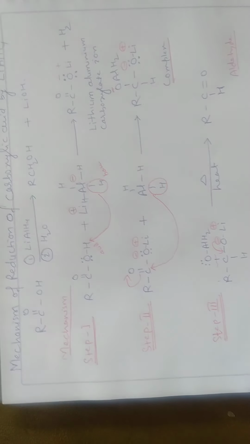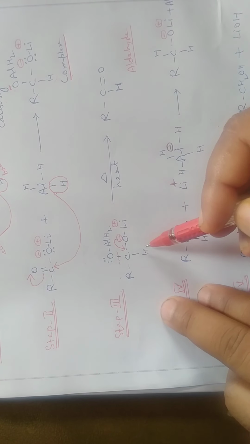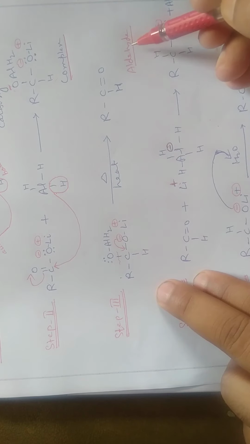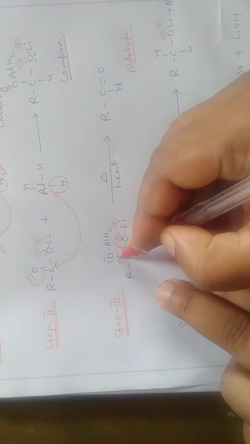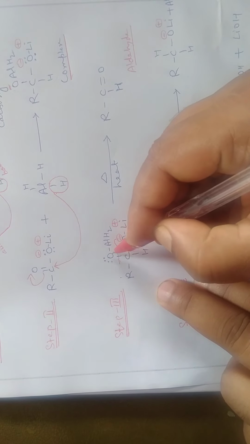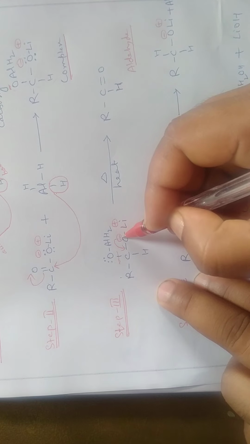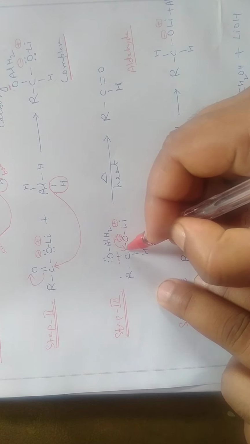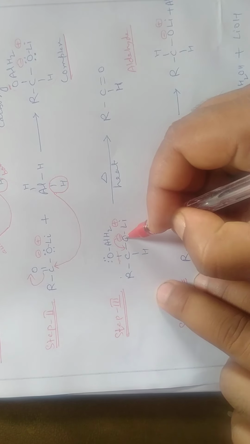Now in step 3, this complex on heating forms aldehyde. So on heating, what happens? This carbon to oxygen bond breaks and oxygen donates its electron to form with carbon a multiple bond, pi bond.